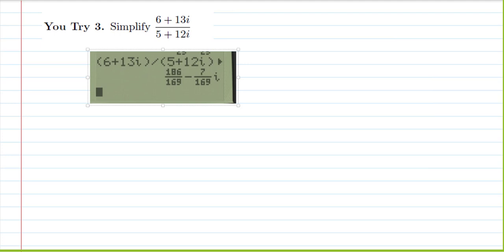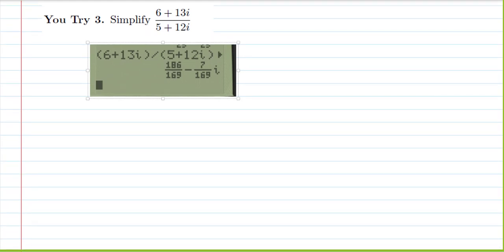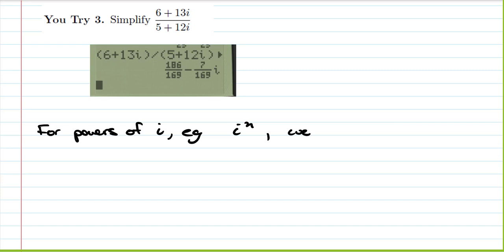For powers of i, like i to the n, we must be careful with the TI graphing calculator.